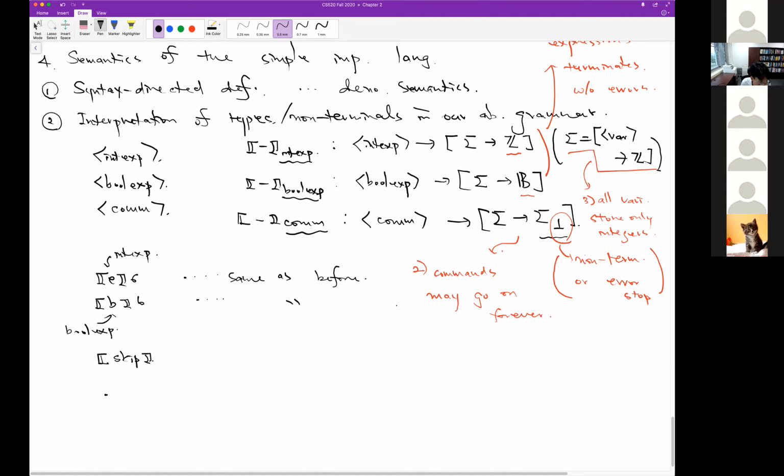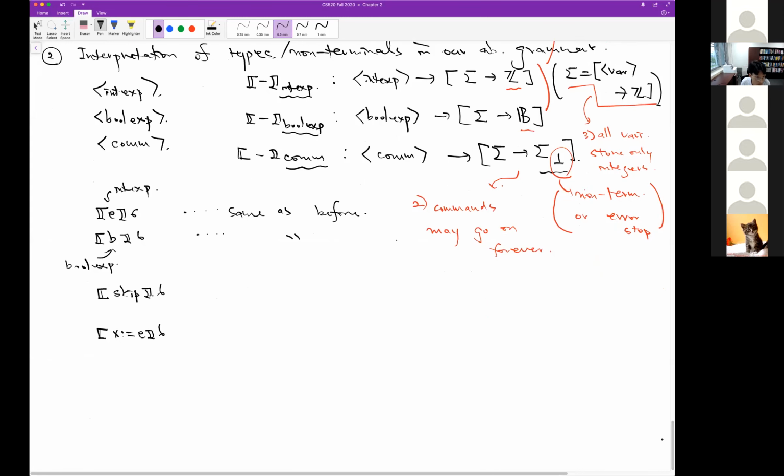There is the skip case, the assignment case, the sequential composition case, then if-then-else, and then the while loop.